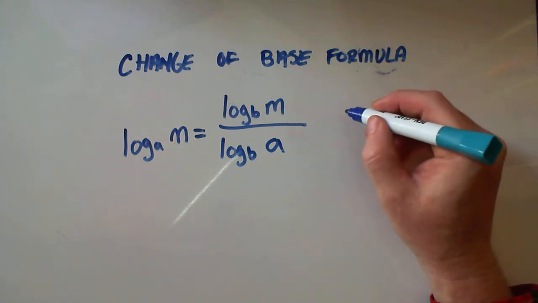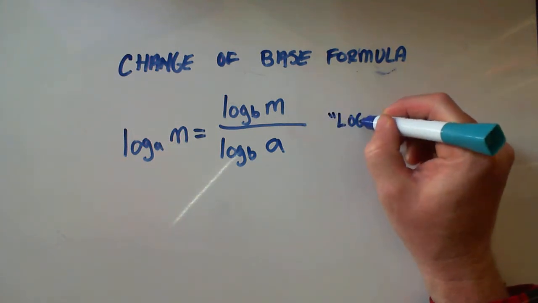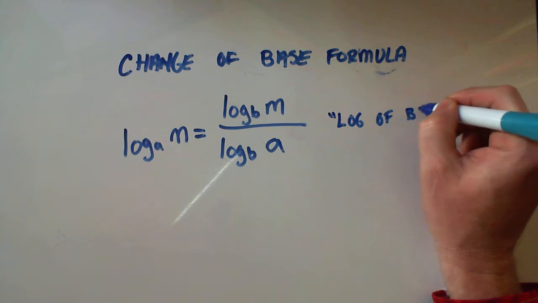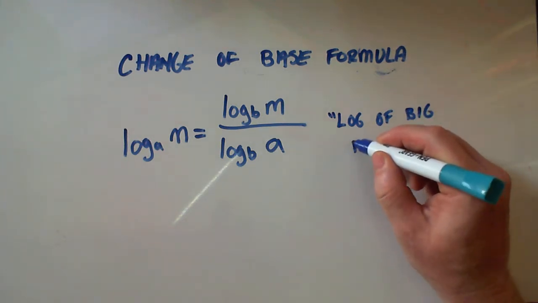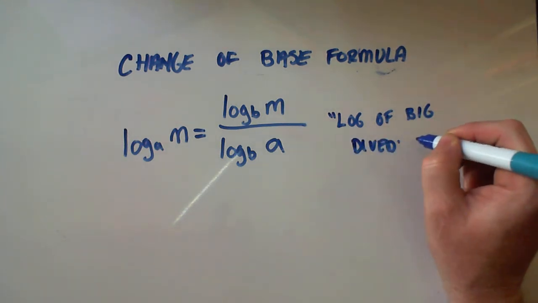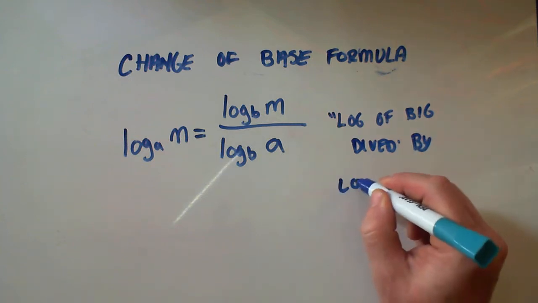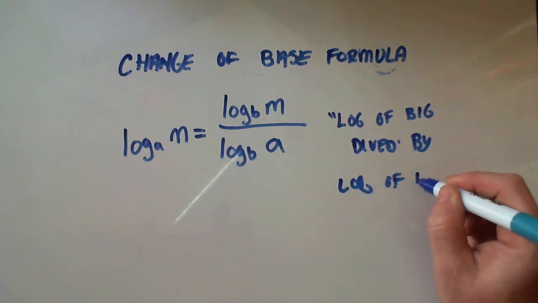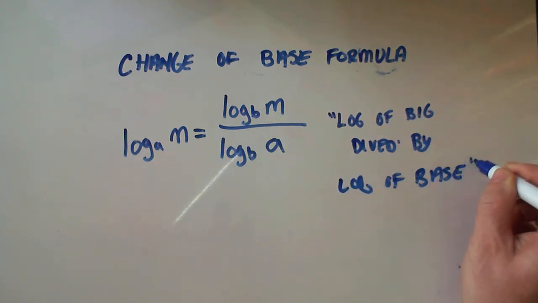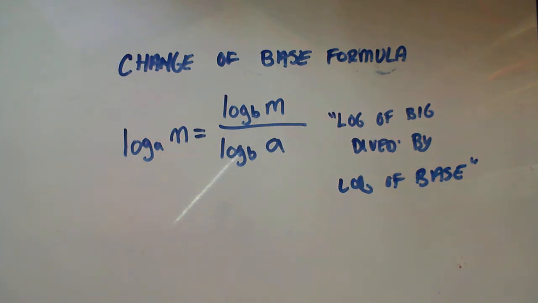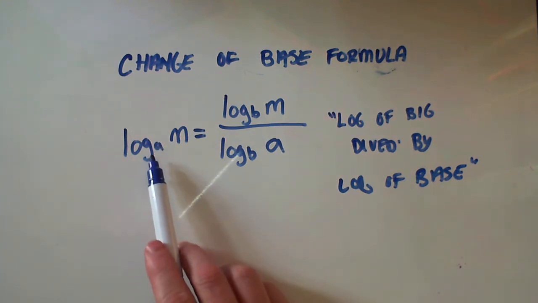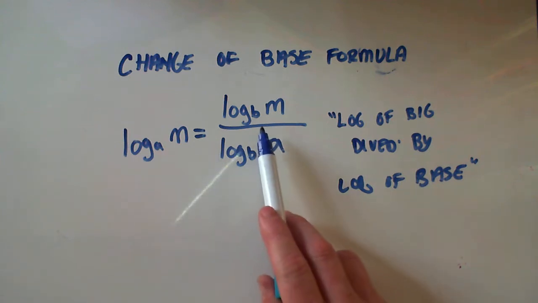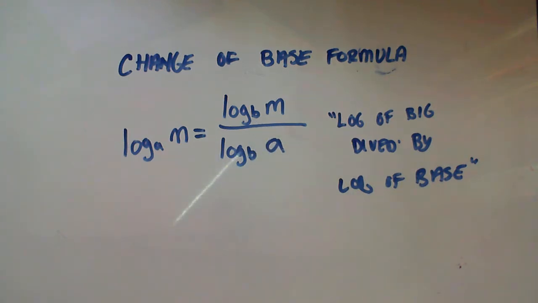I always remember it as log of big divided by log of base. Now, what that allows us to do is change from base a into any other base that we want to work with.